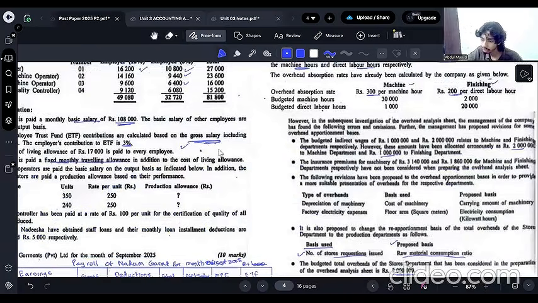Then next, the following revisions have been proposed to the overhead absorption basis in order to provide a more suitable presentation of overhead for the respective departments. Depreciation of machine: earlier they have calculated on cost.